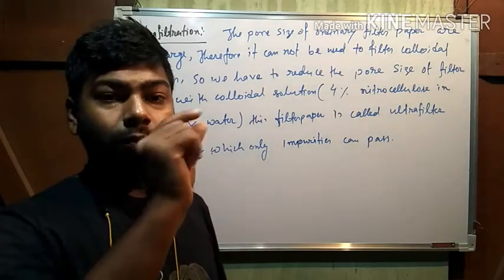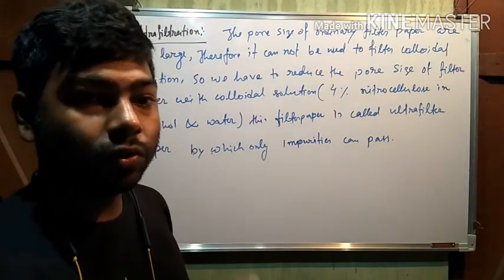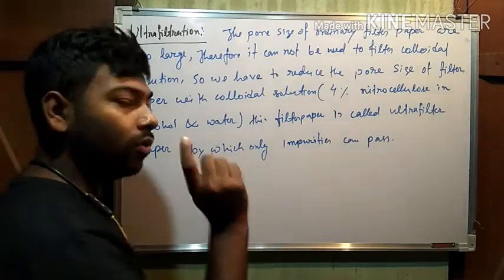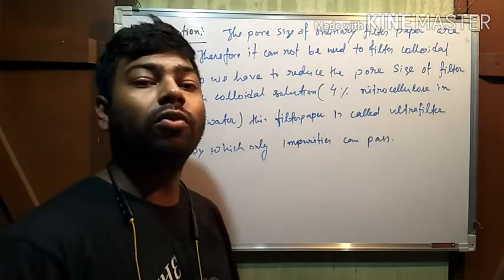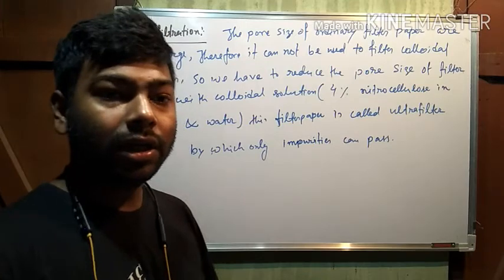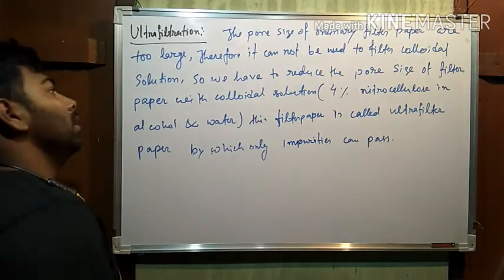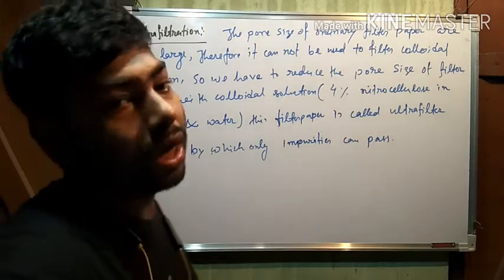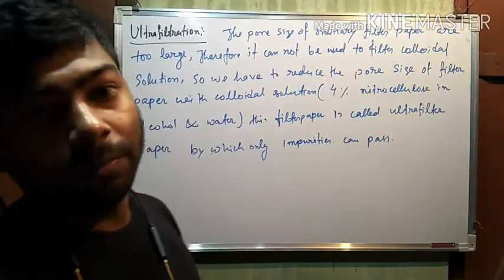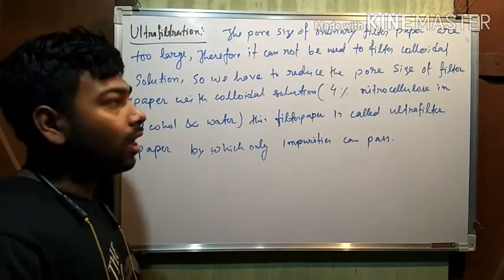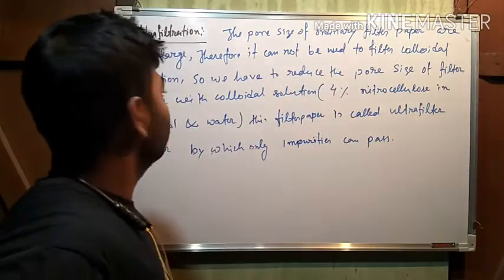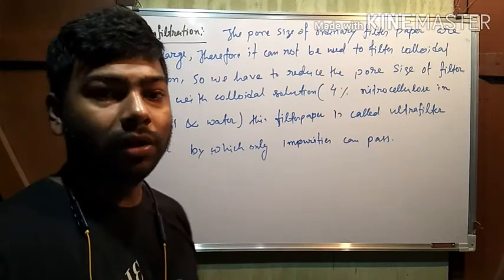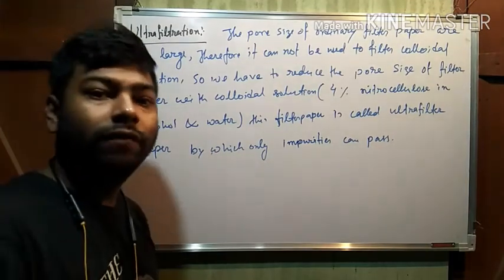This pore size should be much smaller, to pass only the impurities, not the colloidal solution itself. Okay, but see, the pore size of ordinary filter paper is too large. That's why it cannot be used to filter our colloidal solutions. Now, if the pore size of the filter paper is so large, then obviously we have to reduce the pore size.